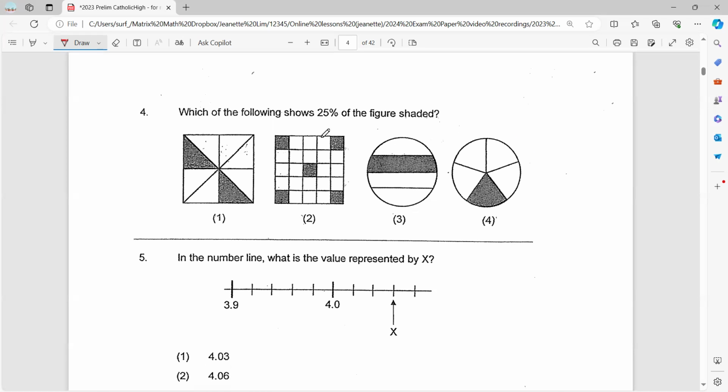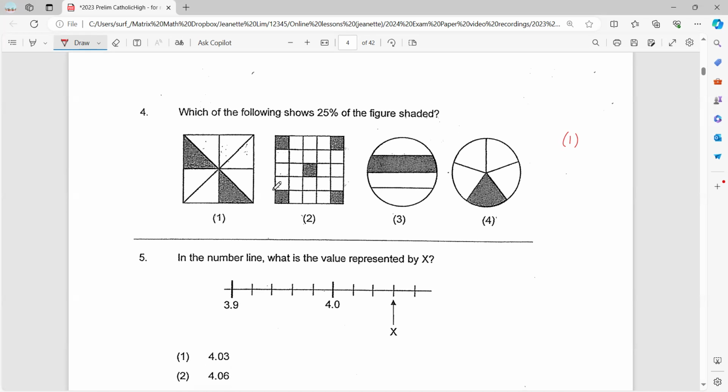Which of the following shows 25% of the figure shaded? 25% is a quarter. These 2 triangles can be combined and it will form 1 square. 1 square out of the whole thing. So there are 4 squares. So it's option 1.